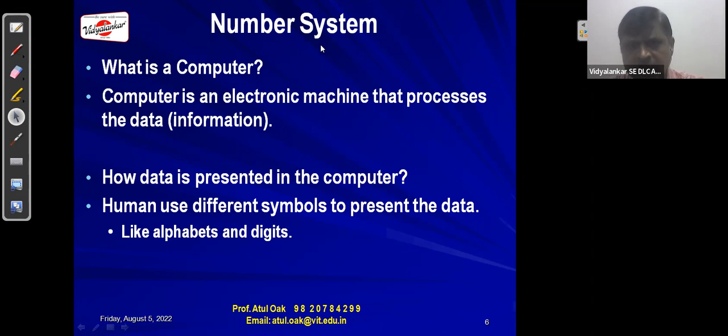I'm repeating the second point: data is presented using different symbols like alphabets and digits by humans.